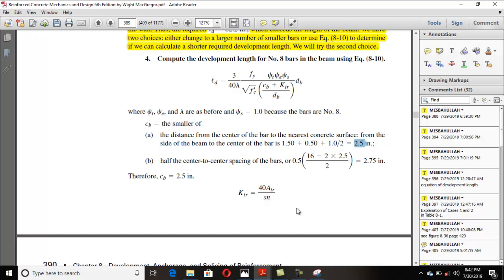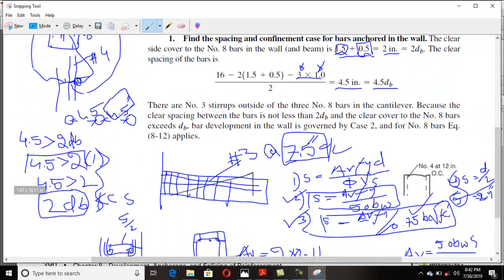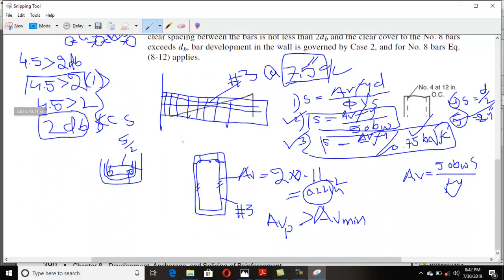Now this 2.5, it is up to what place? This is basically the center to center distance, from this point to the face of this beam. So basically they consider the center to center distance.